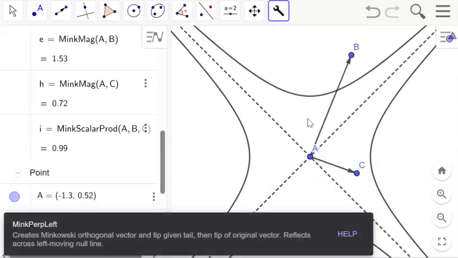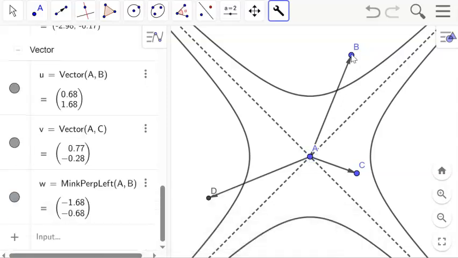Got that selected, and so it's going to be based at A and it's going to be perpendicular to AB. Aha, so I'm just flipping across that northwest-southeast null line. And so AD will have the same Minkowski magnitude and is guaranteed to be Minkowski orthogonal to AB.